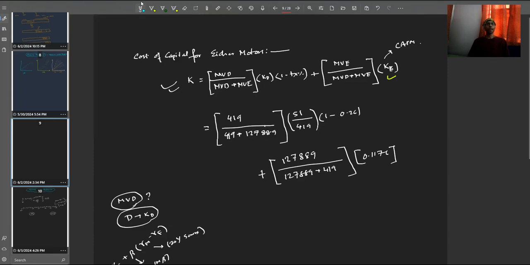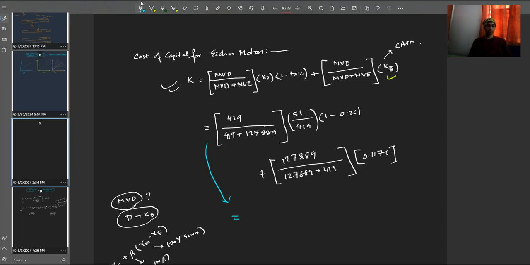So friends, this value now we can easily calculate. 419 divided by 419 plus 127,889.